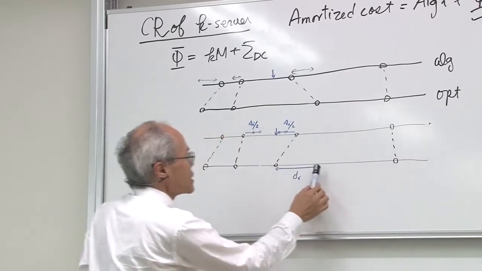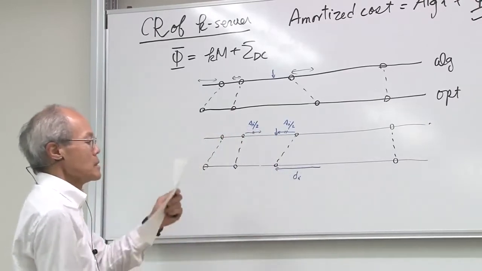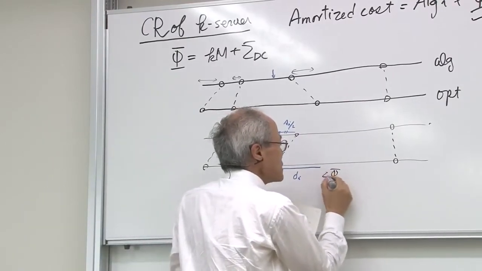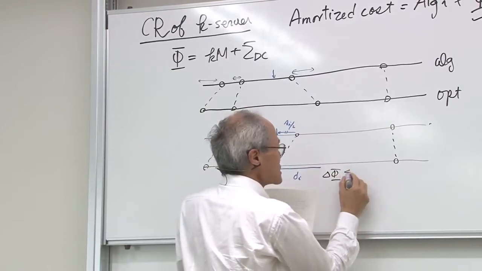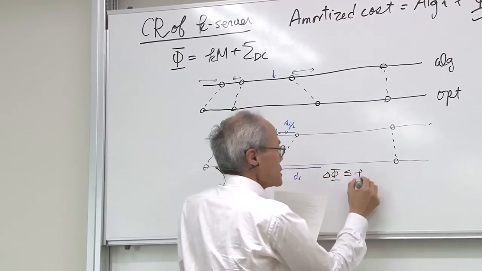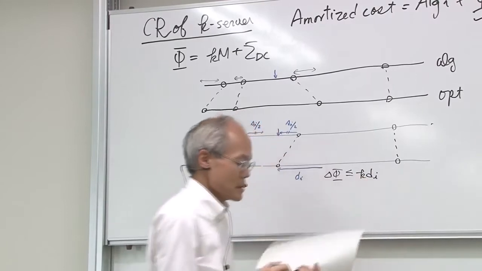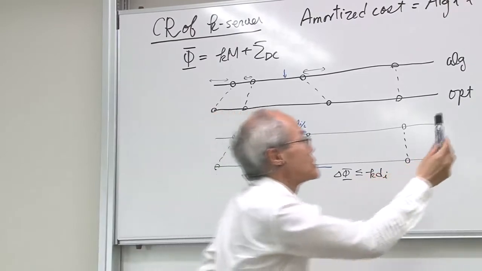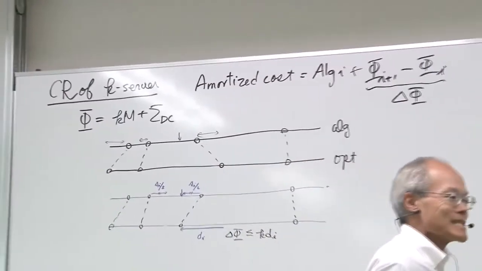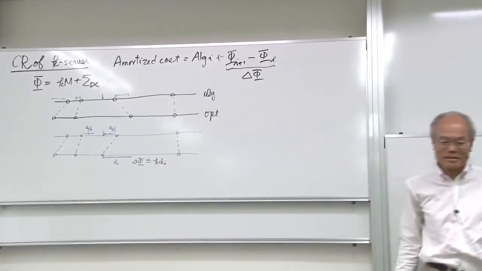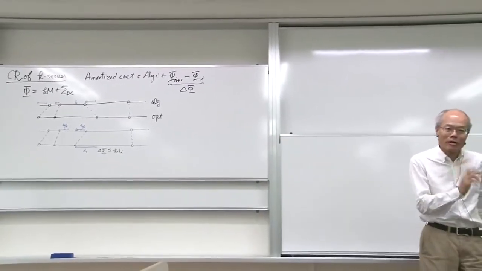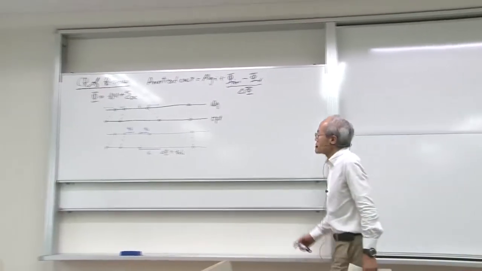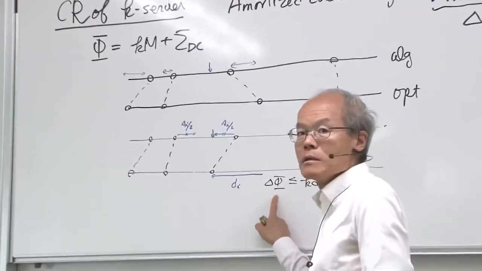Now, by moving this di, delta phi is at most k times di. Note that this is the cost; delta psi is a part of the cost. That means the smaller the better for us, so we'd like to bound this delta psi from above.